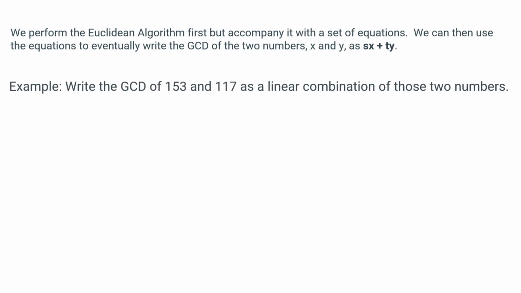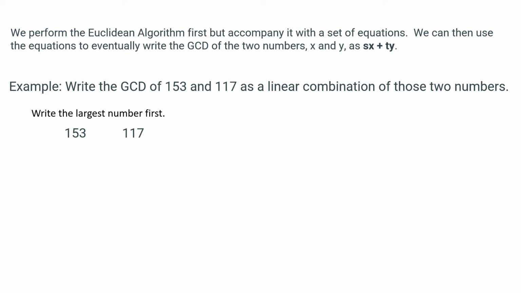This is one that we just did a minute ago, but we're going to add to it and do the extended Euclidean algorithm. It says write the GCD of 153 and 117 as a linear combination of those two numbers. So again, we start like we did before. The largest number goes first, so 153 and 117.